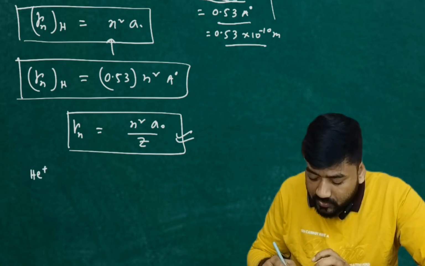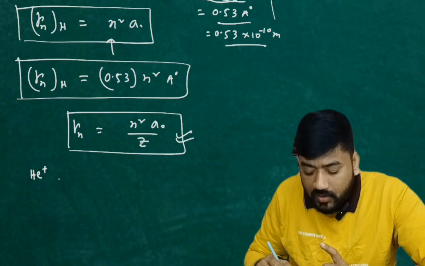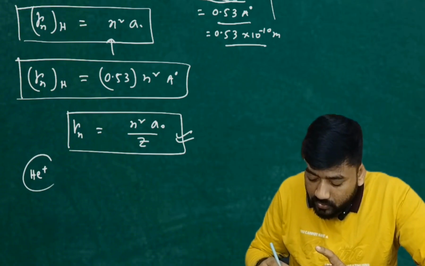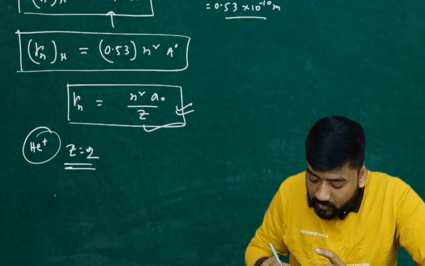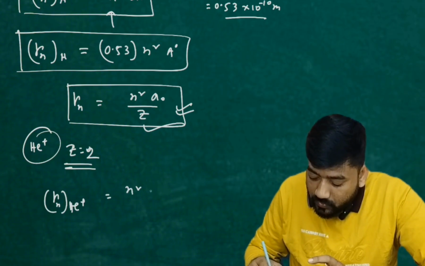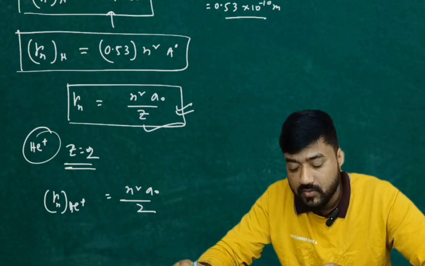In helium plus you can see there is also one electron, but in that case Z is equal to 2. So for the nth orbit of helium plus, Rn will be just n square a naught upon 2, because Z for helium is 2.